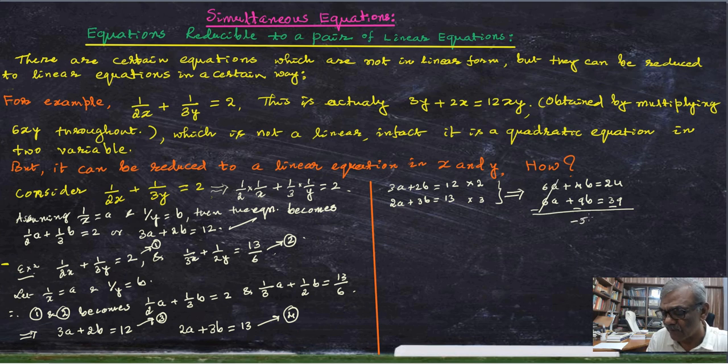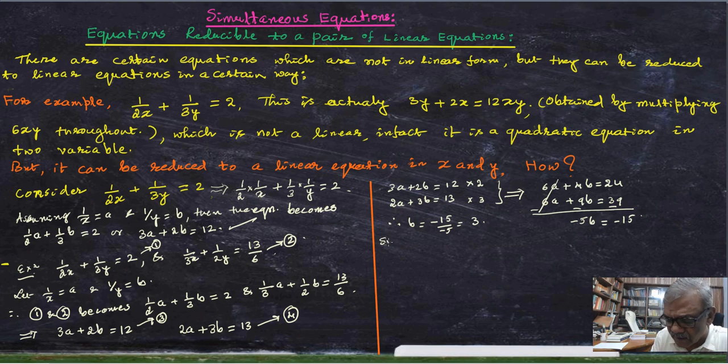This gives 5b equal to minus 15, and therefore b equal to minus 15 by minus 5, that is equal to 3.